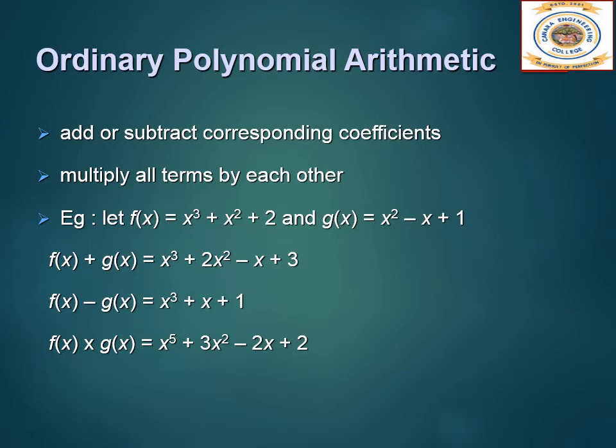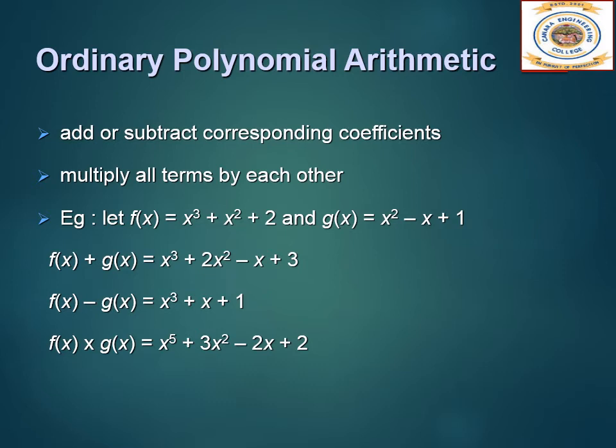Let us take an example. Consider f of x to be x cube plus x square plus x plus 2 and g of x to be x square minus x plus 1, where the coefficients are a set of integers.